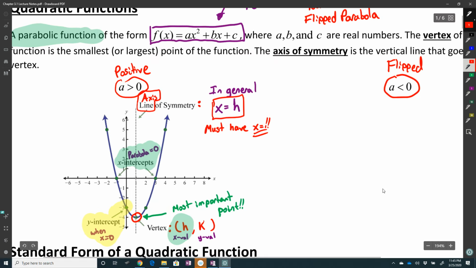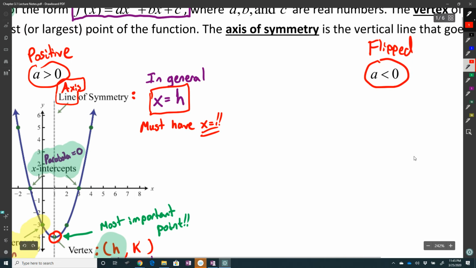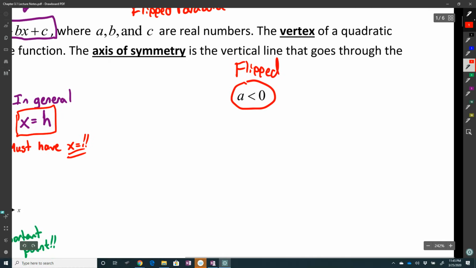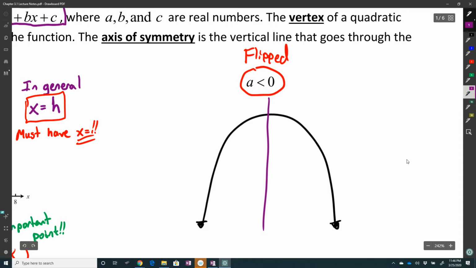So if we change this up a bit, let me see if I can go this way. All right. So if we flip it, I can make this going backwards. Okay. Notice that we have our axis of symmetry, which is still going to be x equals h.